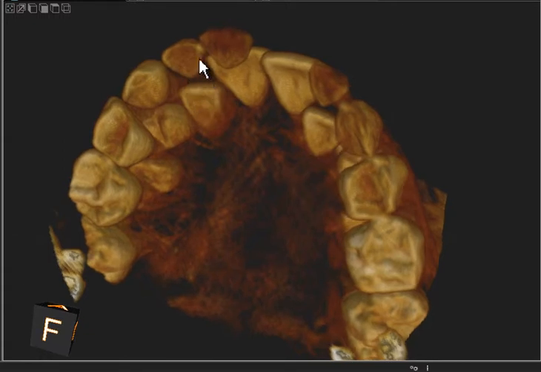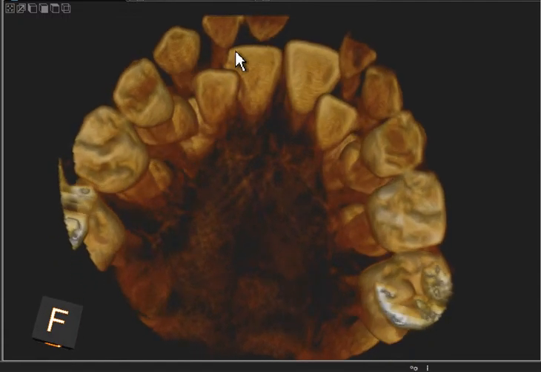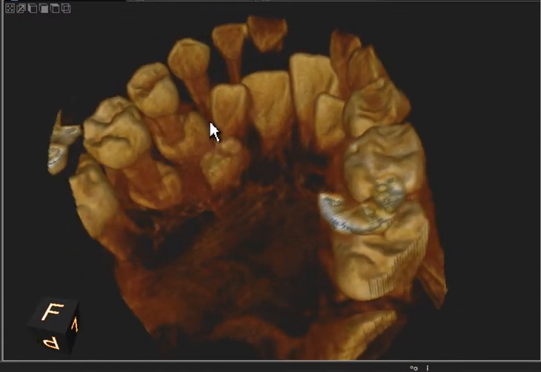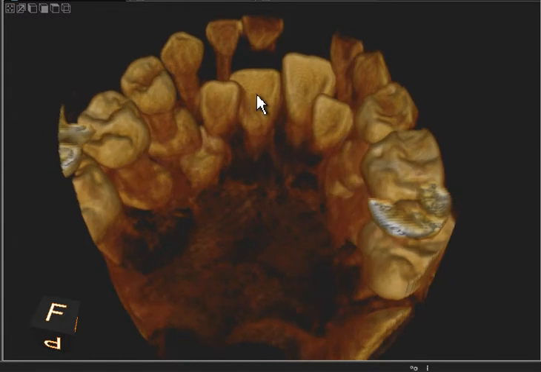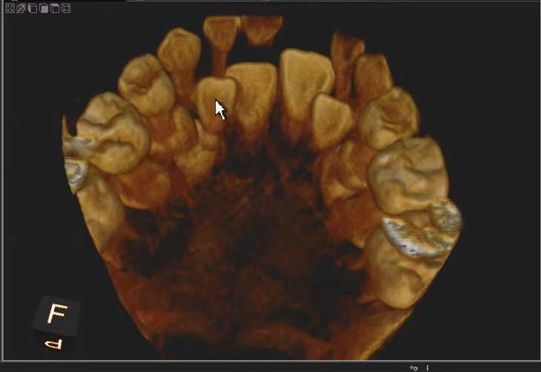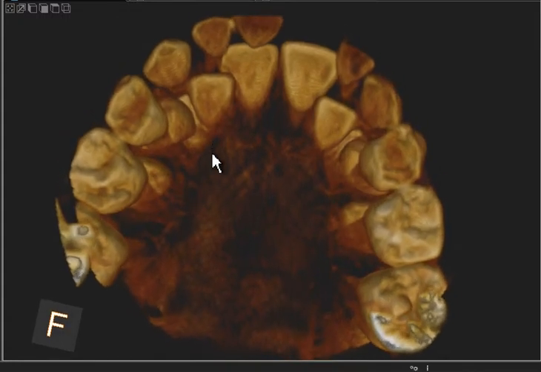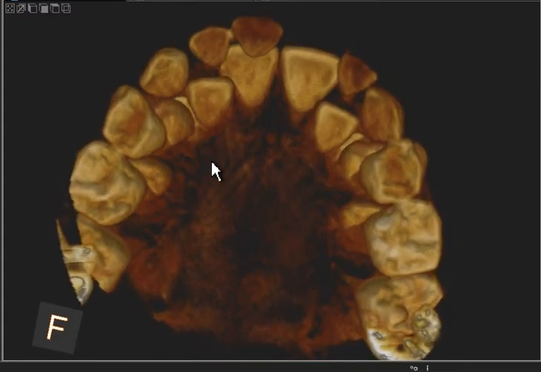It's missing its counterpart in the eruption pattern as it moves lingually, and it is also blocked out, as we're looking from this side, from the primary cuspid and the permanent bicuspid here. So there's really very little room for this tooth to move into any decent position until it erupts into the mouth and we can do something with it.